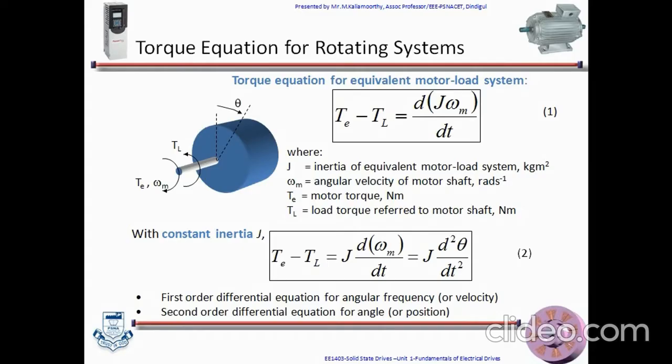That is, the first order differential equation is for angular velocity, and the second order differential equation is for angle, which is the position. In the second equation, J into d omega by dt is called the dynamic torque because it is present only during transient operation.